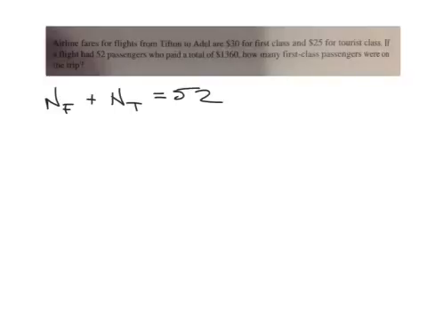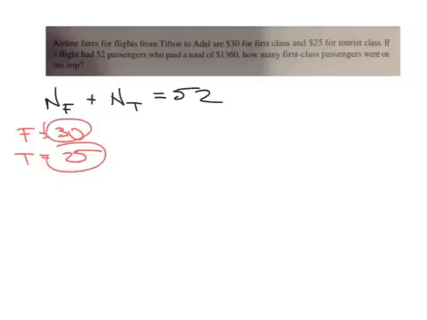We also know that first class paid 30 and tourist class paid 25. And with only $5 difference, I'd sure pick first class. Alright, and we know that if you took the number of passengers who paid 30, the number of passengers who paid 25, you would get 1,360.